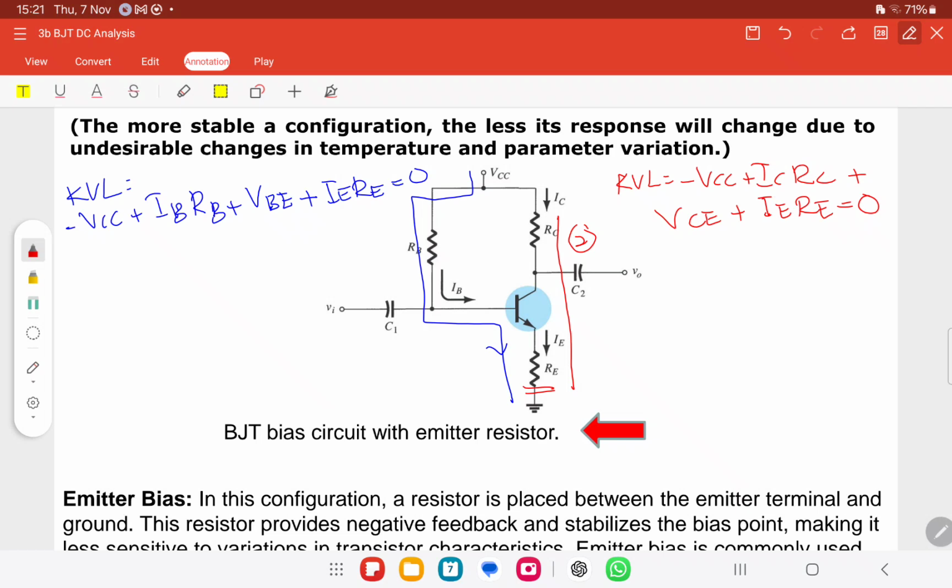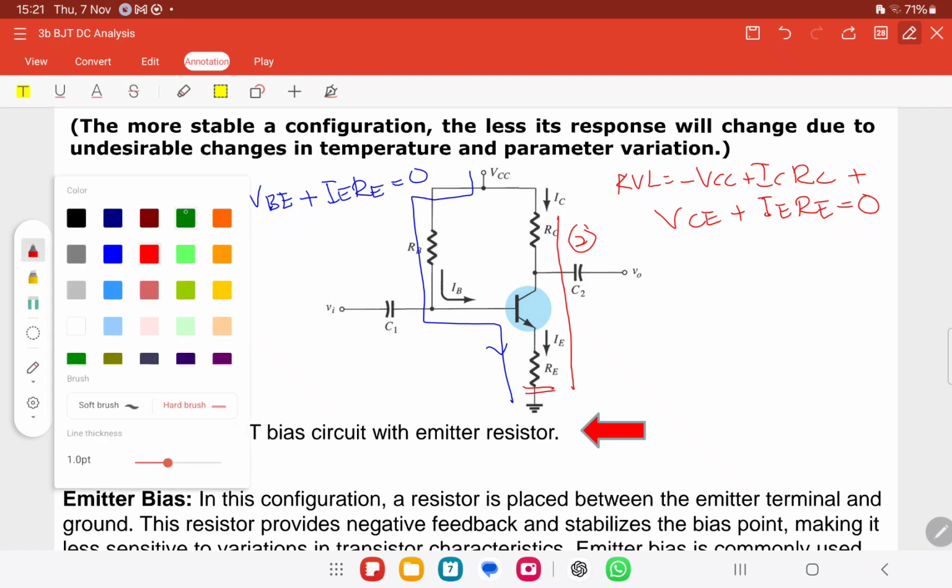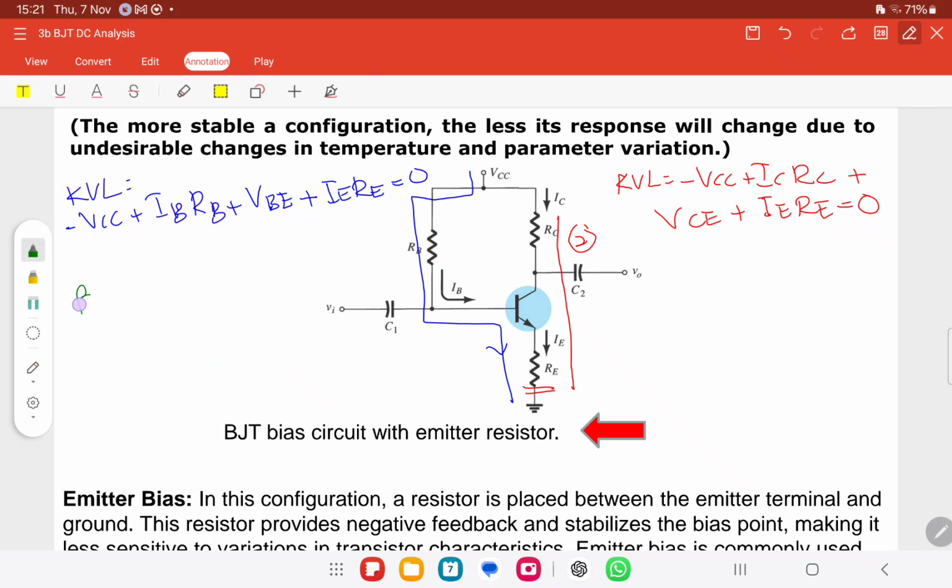Ada IB, ada IE. Ingat tak kita ada beta equals to IC over IB. Sama je kan? And then another one we have IE. So bolehlah masukkan kat dalam.